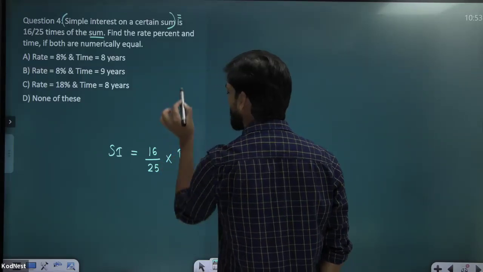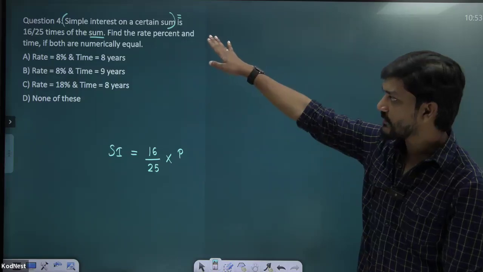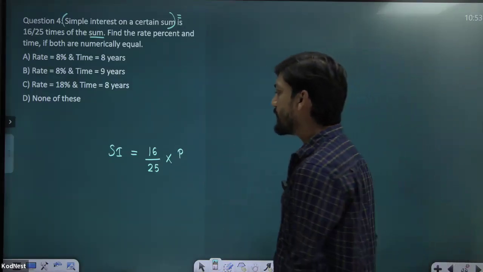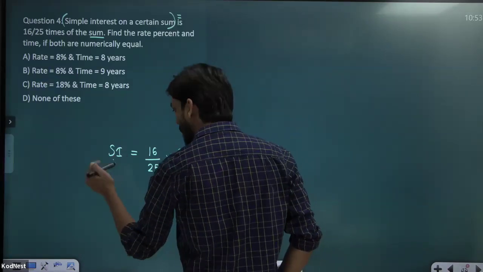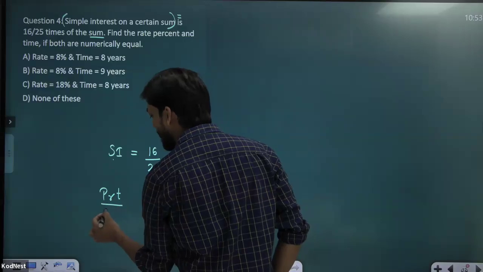Sum means principal. This is what you will write from the first line of the question. Once you have written this, on the simple interest side, please apply the formula. The formula is PRT by 100.